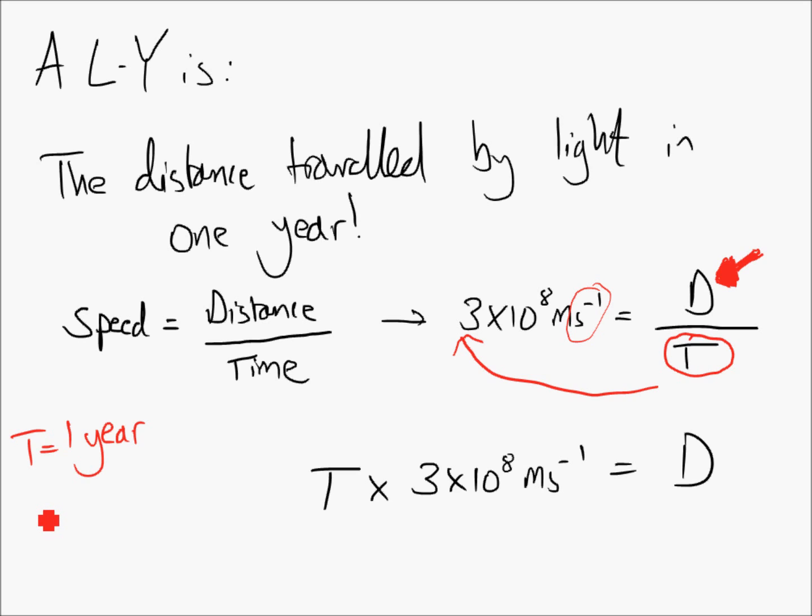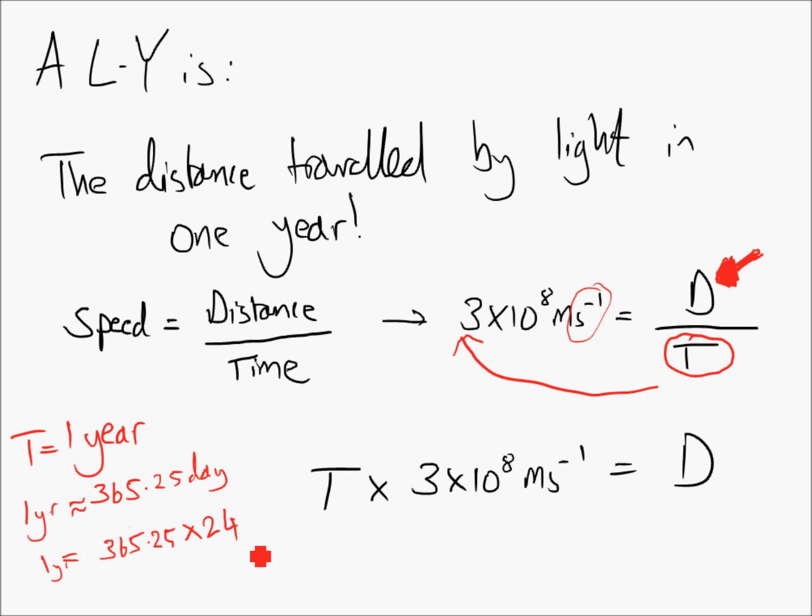Well, 1 year is the same as 365 and a quarter days. Each day has 24 hours, so in a year that's 365 and a quarter sets of 24 hours.